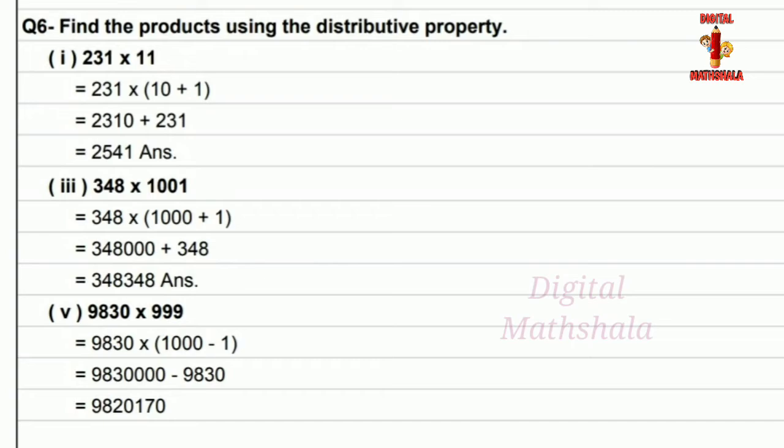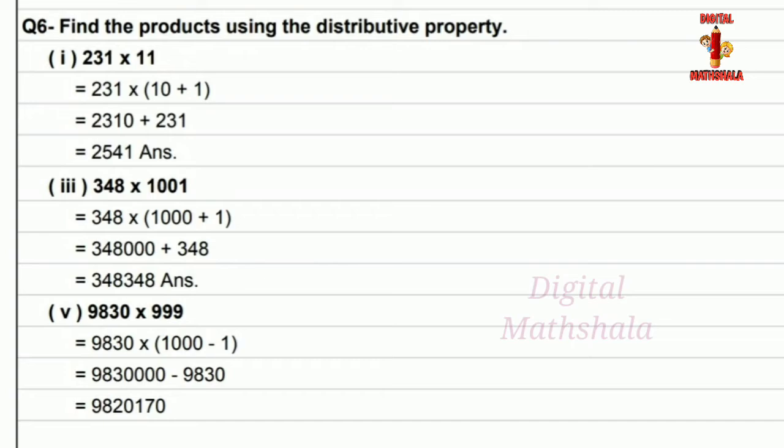We will simply multiply with the first number, then the answer will come 98,30,000. Then we multiply 9,830 by 1, then we will have 9,830, and when we subtract this, then we will get 98,20,170, and that is the required answer.